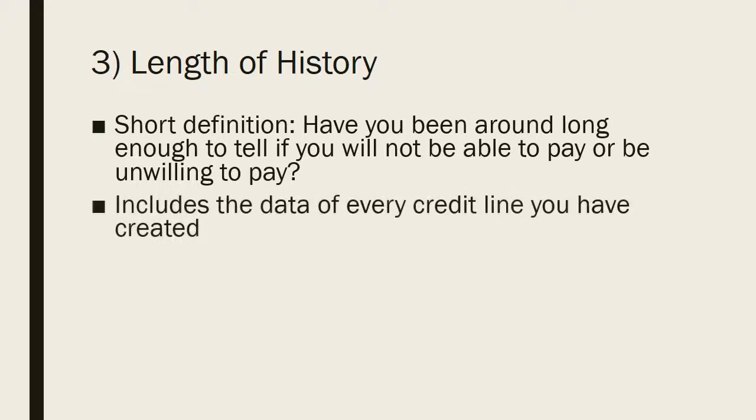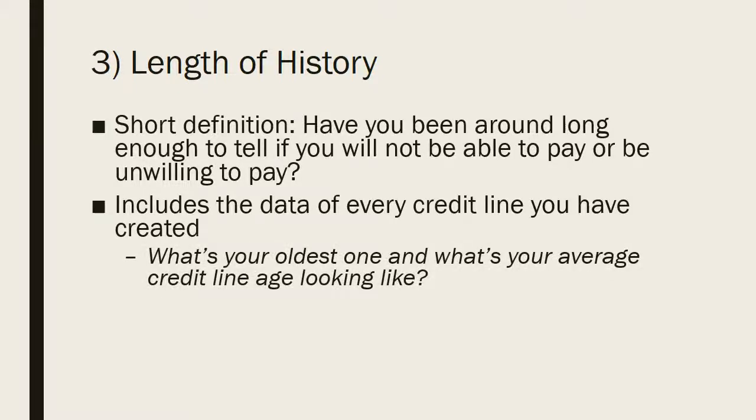So this includes the data of all these different credit lines you've created. And one of the advantages of, say, keeping an older credit card or something like that is that what they're going to be looking at to calculate your credit score is what is your oldest credit card, your oldest line of credit, and also your average age of your line of credit.